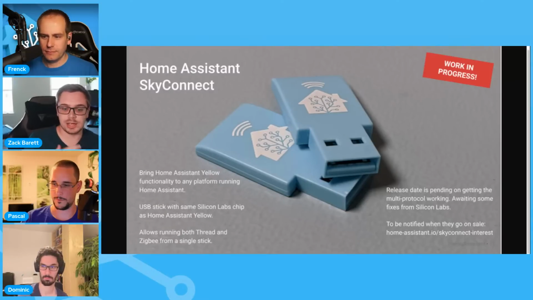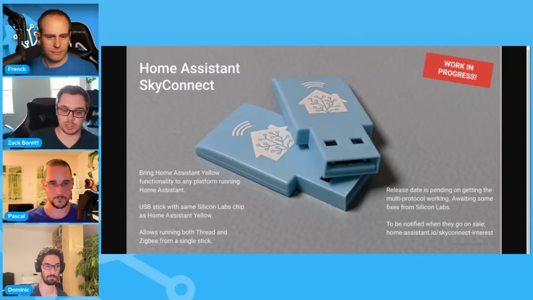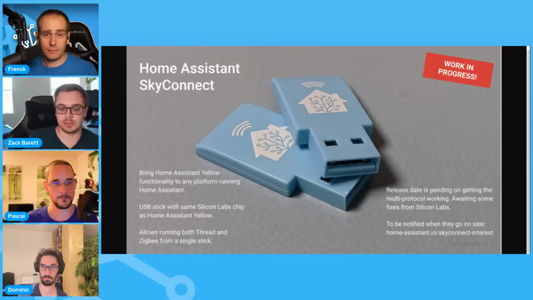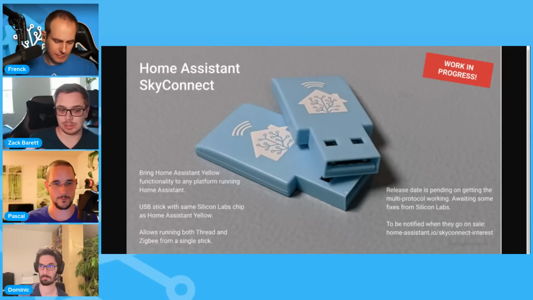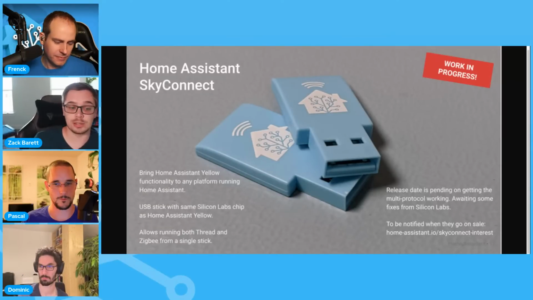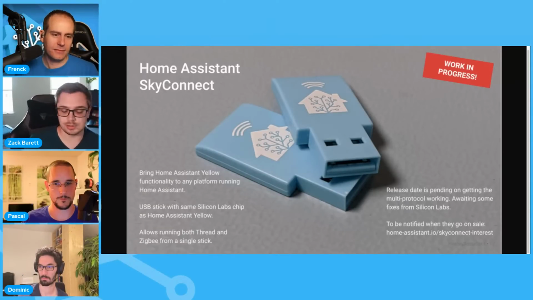Well, the Home Assistant Sky Connect is for anyone who is running Home Assistant on something that is not the Home Assistant Yellow. Technically you can still use it in the Home Assistant Yellow, but realistically, you're running a Raspberry Pi, the Home Assistant Blue, or something on a VM. You can now take the Home Assistant Sky Connect when it's released, plug it in, and you'll have a Zigbee network and a Thread network that will hopefully have Matter support in the future.